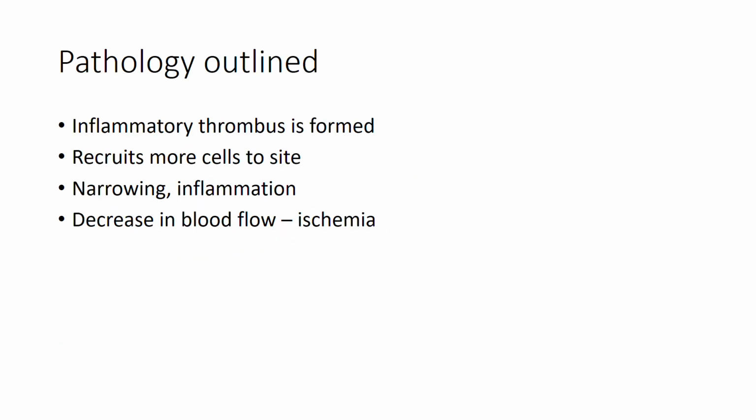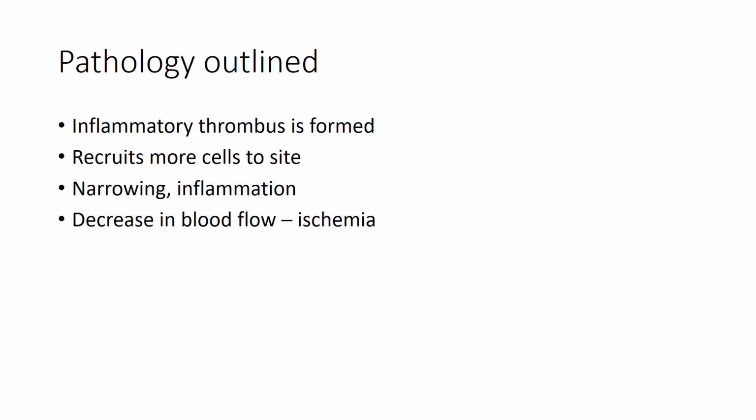Now, if you see the basic pathology here, there is inflammation of the blood vessels, because of which there is destruction of the endothelial cells. The blood comes in contact with the lamina propria, which leads to the formation of blood clot.